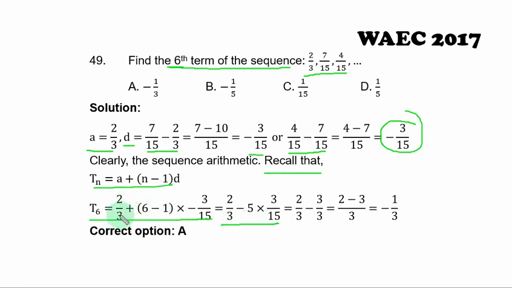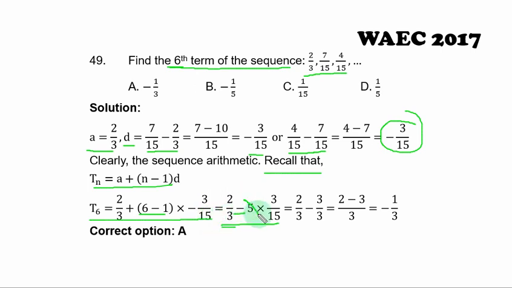This is what happened. You have 2/3 here. 6 minus 1 is 5, so that becomes 5. Then that's 5 times minus 3 over 15. Here becomes minus.